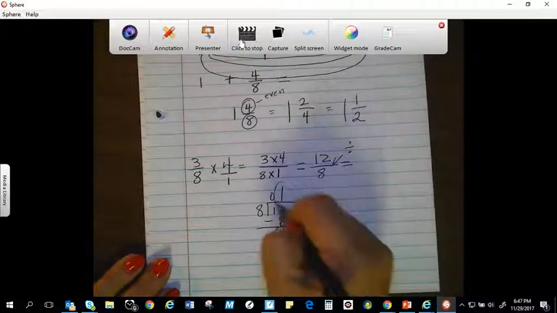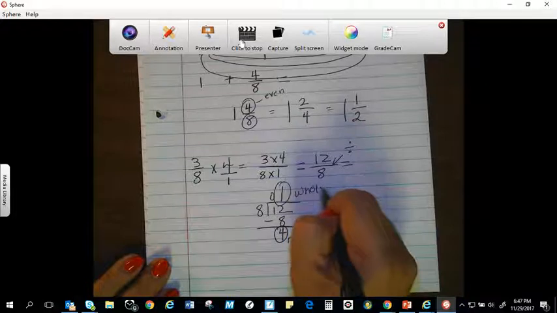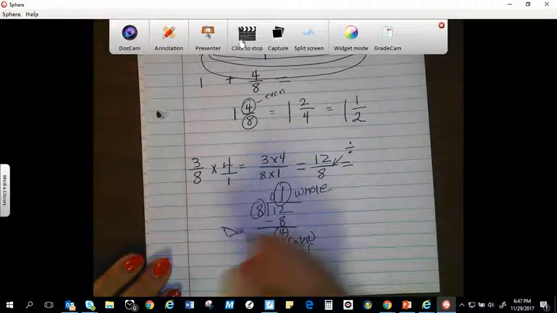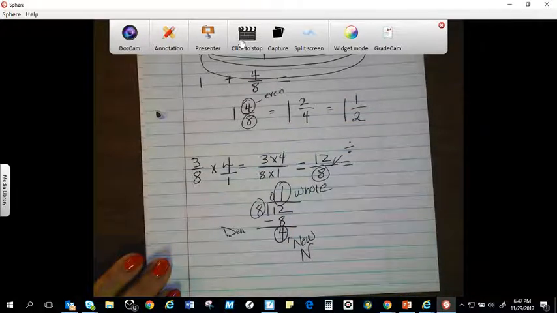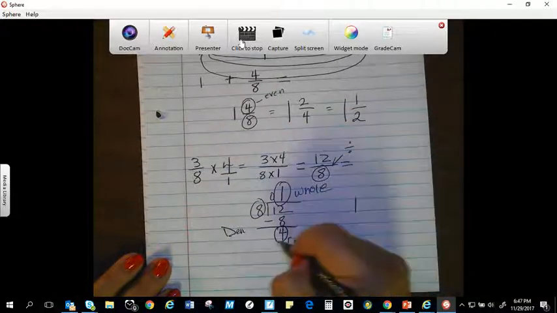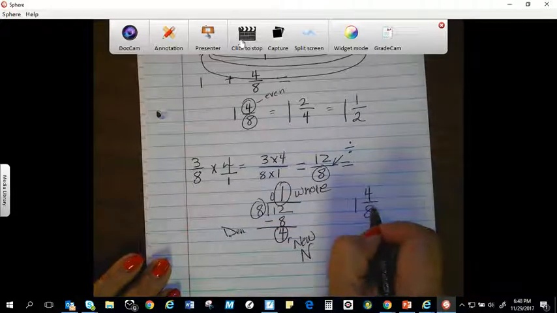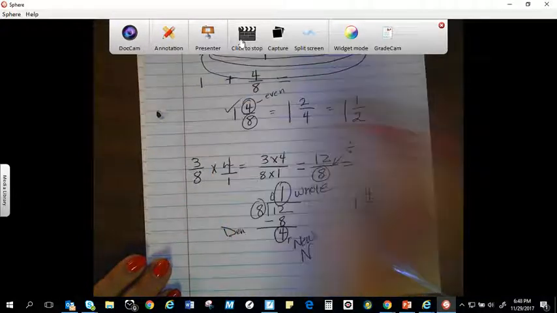So I have my whole number. I have my divisor, which is now my denominator, still, because that never changes. So I have 1 4/8. Is this what we had before?